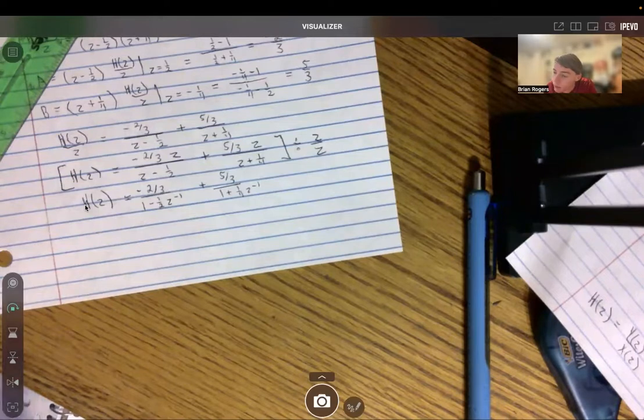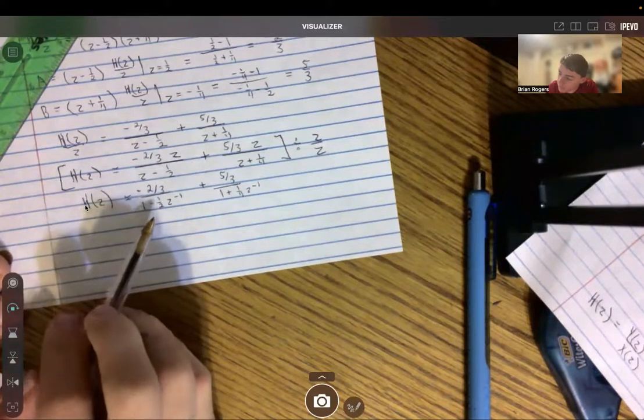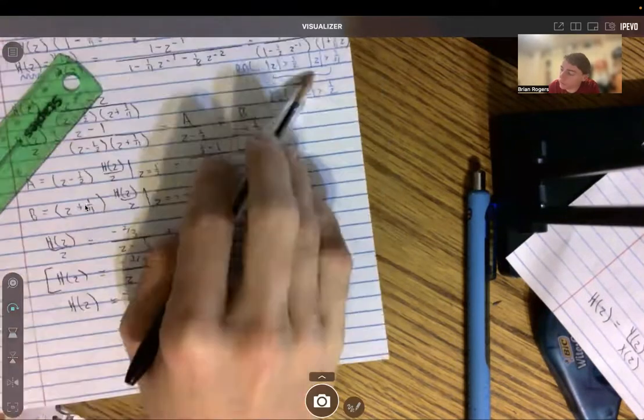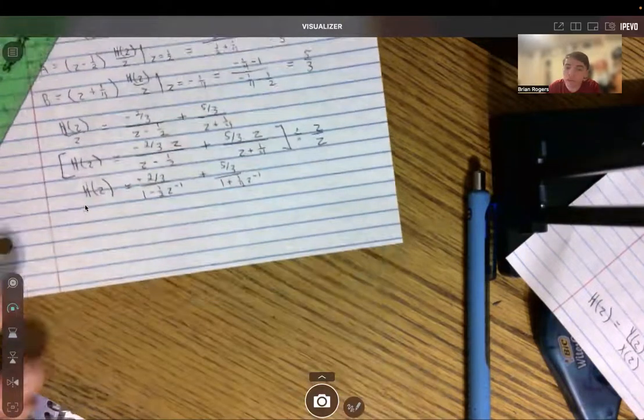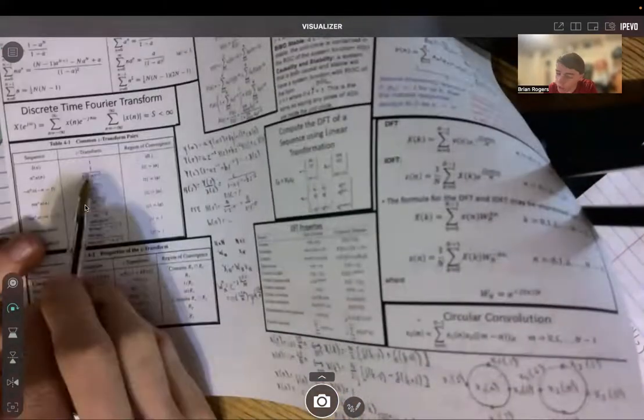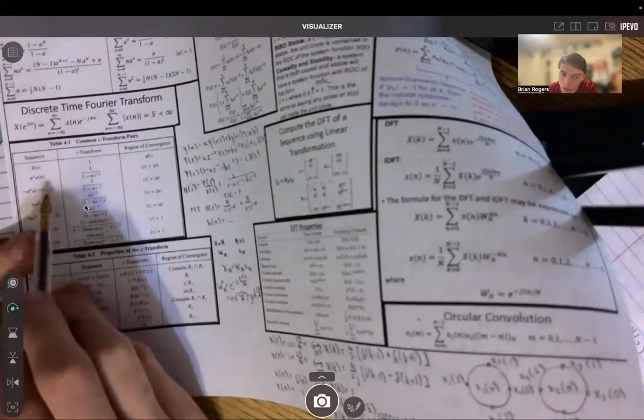Now, remember, this was a causal LTI system here. So because it was causal, notice my poles here, 1/2 and 1/4, we had it causal. So when we take the inverse Z transform, we're going to look at the causal condition, not the anti-causal condition.